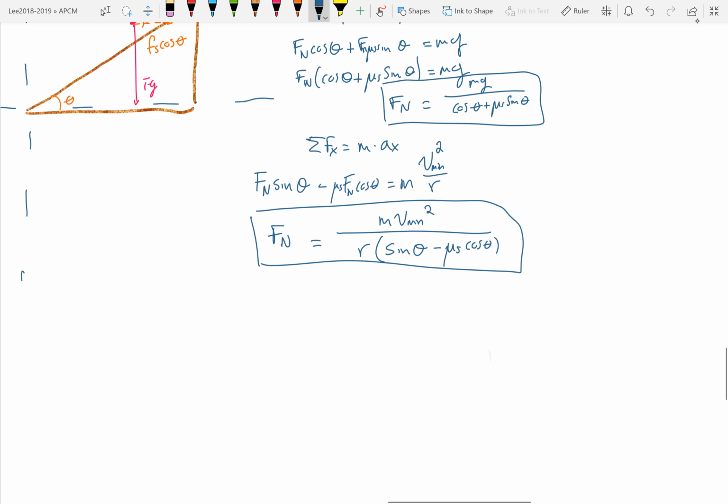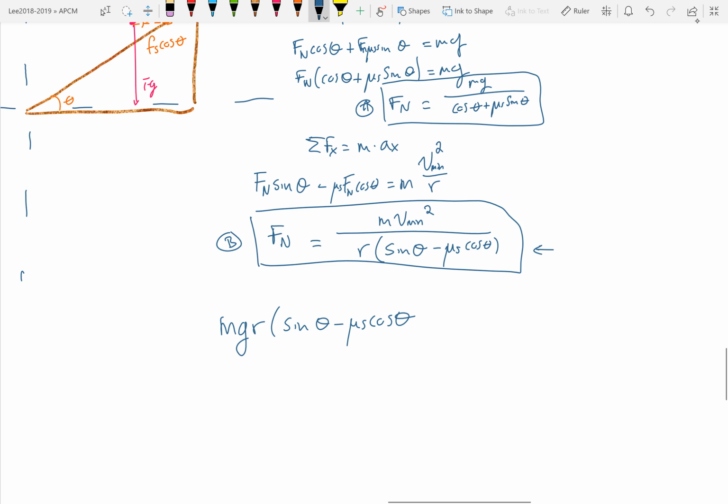Set those things equal to one another. Equation A, equation B, those are equal to one another. So I've got mg, I'm going to do it in one step, mgr times sine theta minus mu s cosine theta.